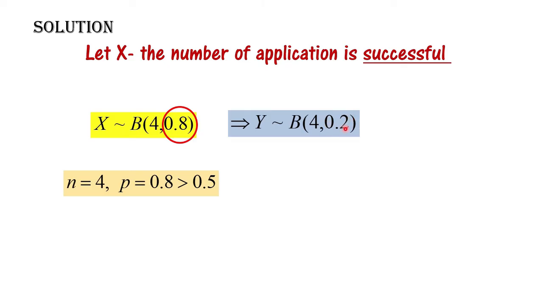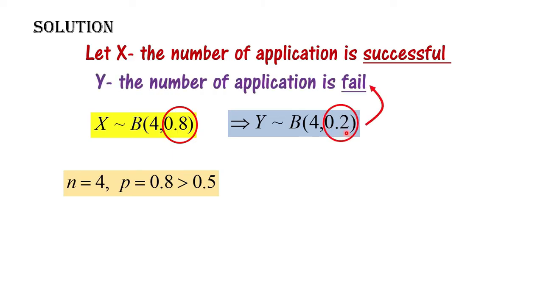What does 0.2 represent? Okay, 0.2 represents the probability for the application to fail. So you have to let Y be the number of applications that fail. So p is the probability for the application to fail. Okay, so the question asks A, find the probability X equals 1, meaning the number of successful applications is 1.